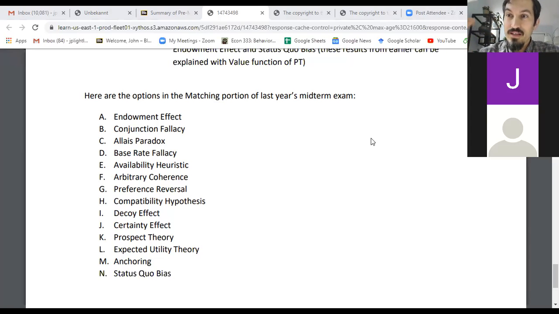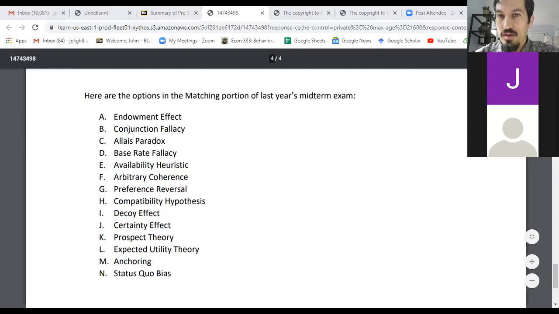If we have this one relative comparison that's really easy to make, the presence of that decoy makes us want to buy the house that's obviously better than it. Okay, that's an example of a question I might ask for the matching section.